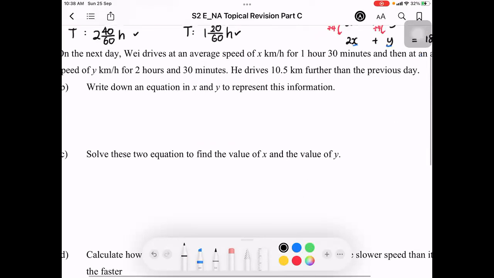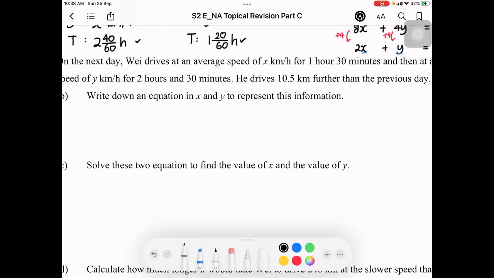On another day, next day, again distance, speed, time. Wei drives at x kilometer per hour for 1 hour 30 minutes. What do you suggest we change the 30 minutes to? 30 over 60, right?